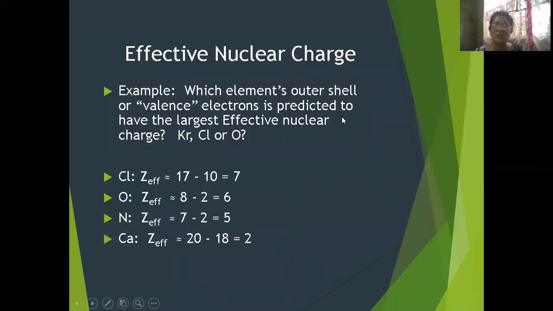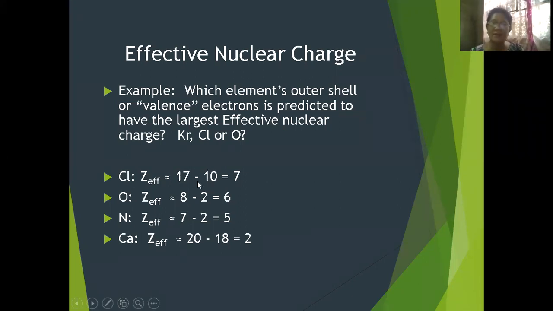So let us compare krypton, chlorine, oxygen, which will have the largest effective nuclear charge. For instance, chlorine, the atomic number of chlorine is 17 minus what is its N? That is 11 minus 1, it's 10.